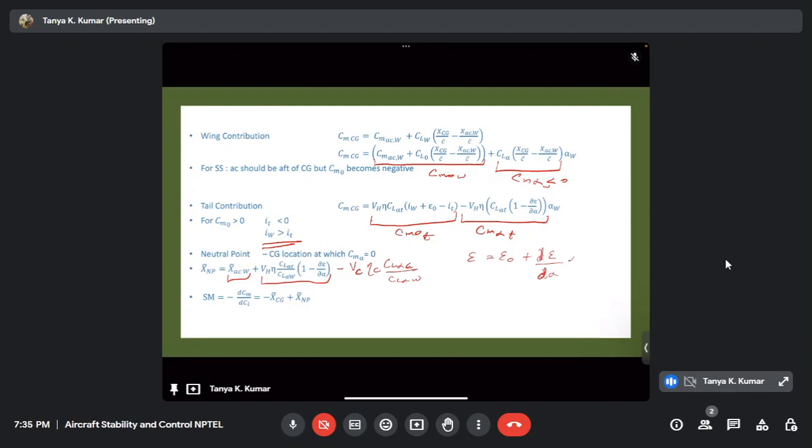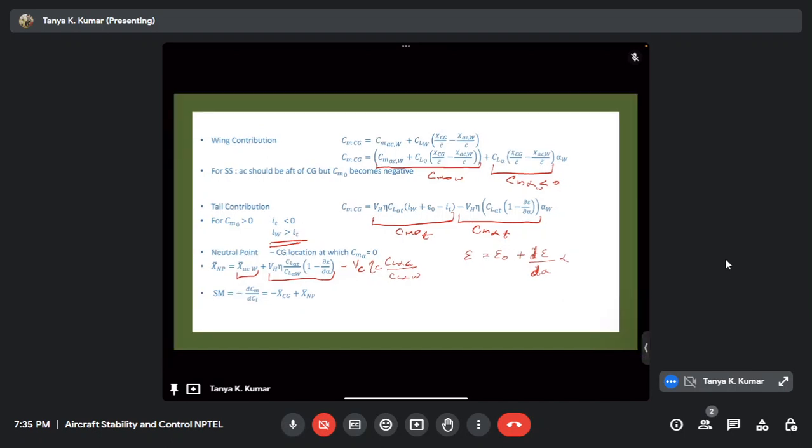So what was this epsilon, the downwash? How do you define downwash? What is downwash? What does it do? What effect does it have?